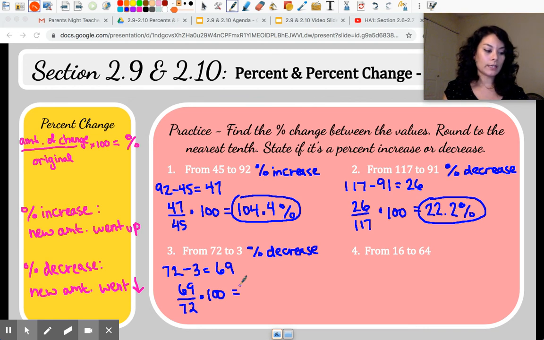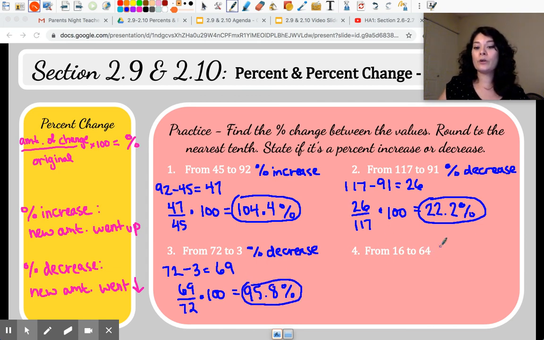So I'm just going to use my calculator. Divide, multiply, and I'm getting 95.83, and the 3 is repeating. So if I round to the nearest tenth here, I'm going to leave that 8 and 8 because rounding rules say if it's 4 or less, you let that number rest. And of course, I throw a percent symbol after.